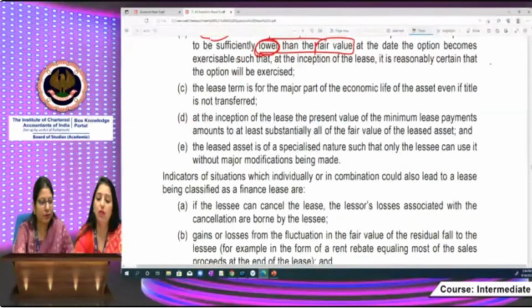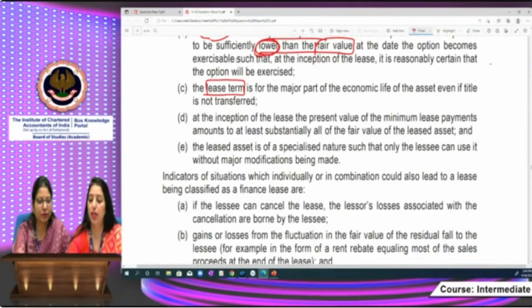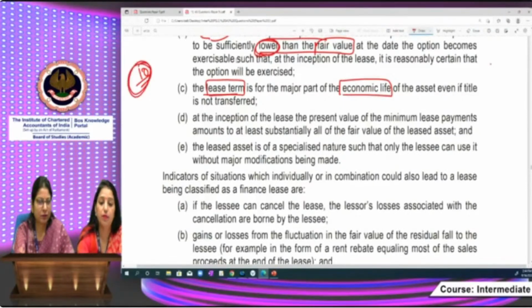Now the third one is the lease term. The lease term is for the major part of the economic life of the asset, even if the title is not transferred. That means if you have an asset with a useful life of 10 years, then its lease term should be near to 10 years. It cannot be 5 or 6 years.